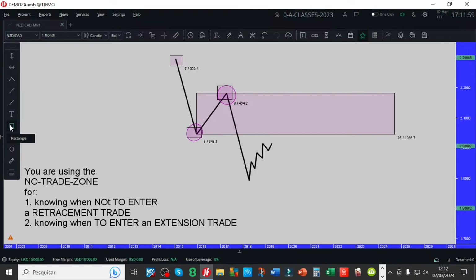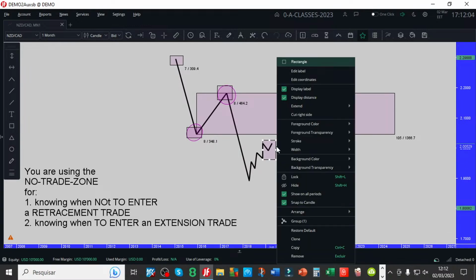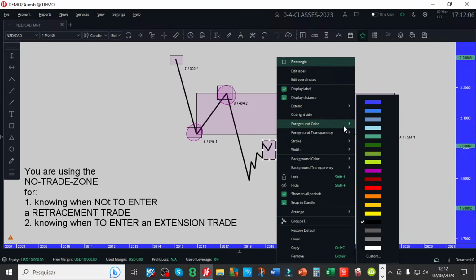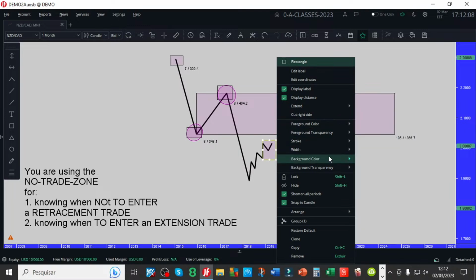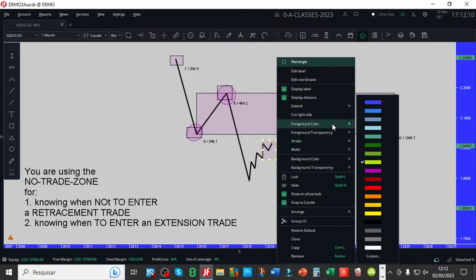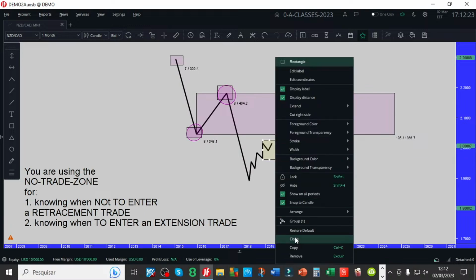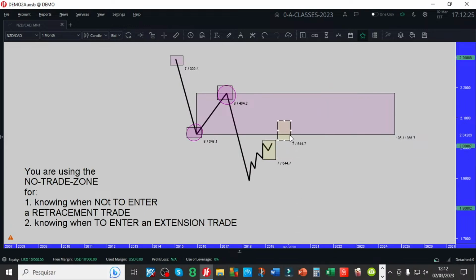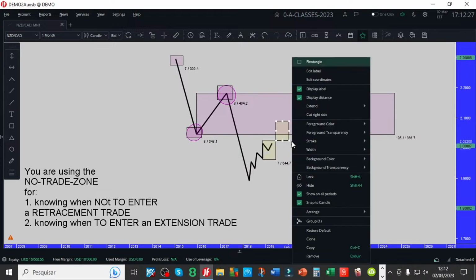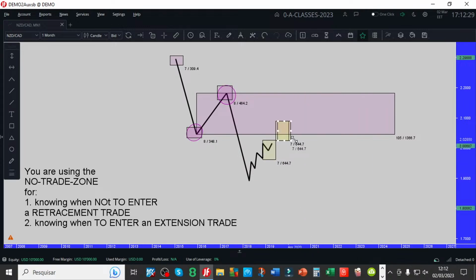So there is going to be a point in time that your risk reward ratio, everybody, is going to be like this, 1/2.